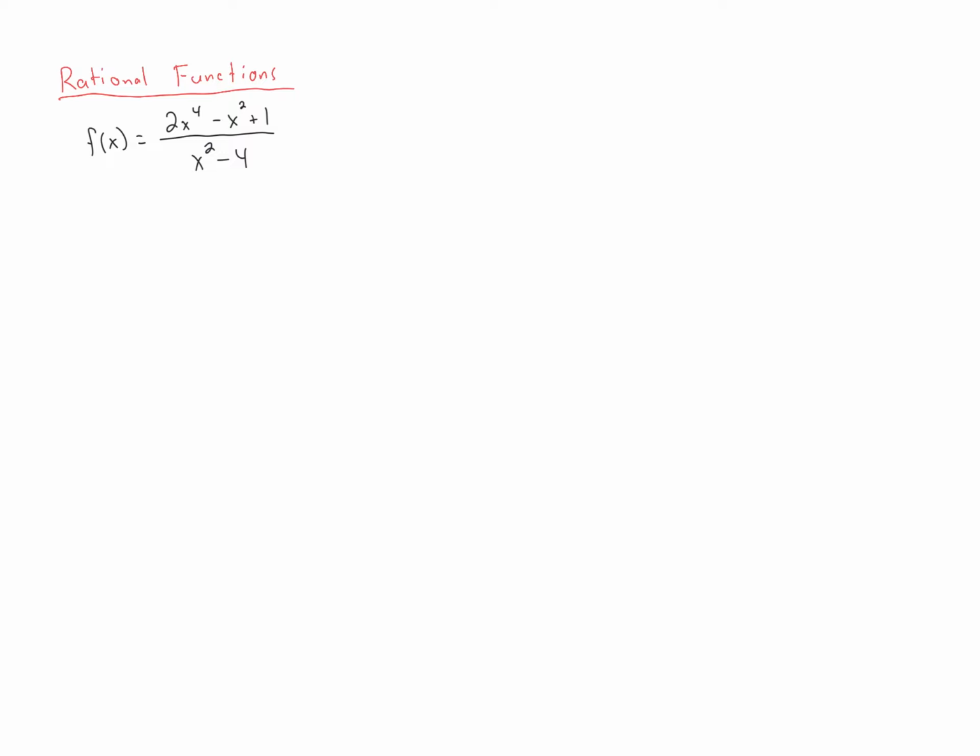Now, when we had polynomial functions, you'll recall that those were really beautiful smooth curves, and they were always connected, right? They had all real numbers as the domain, but that's not the case in general with rational functions. If we look at this example, there are a couple of numbers that are going to cause the denominator to equal 0.